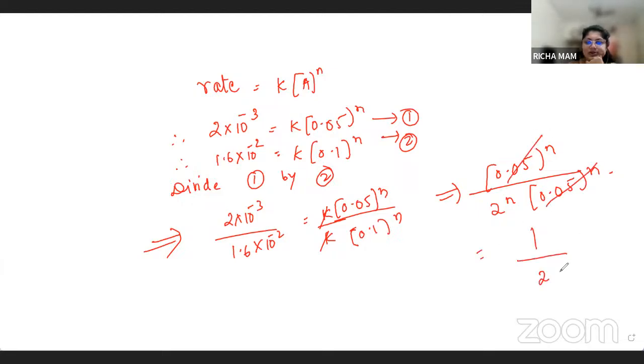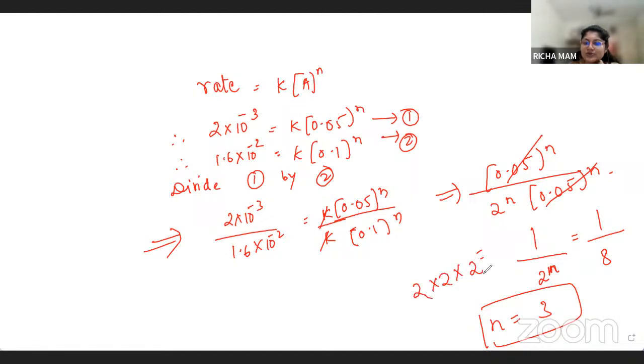So 1 by 2 raised to n is 1 by 8. So n is equals to 3. 2 raised to n is 2 into 2 into 2: 2 2s are 4, 4 2s are 8. So n is equals to 3. Our order of the reaction is 3.